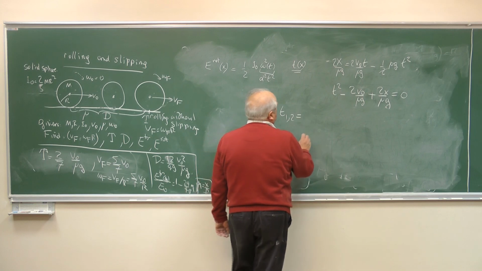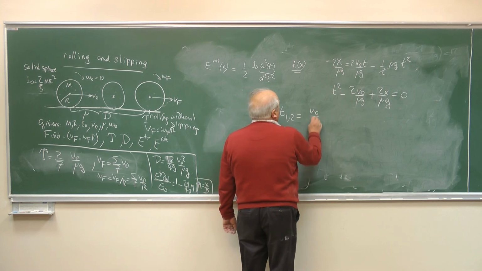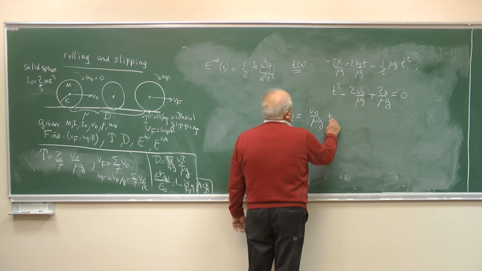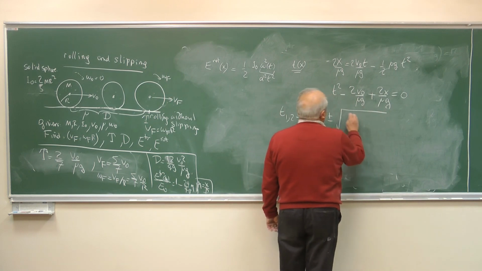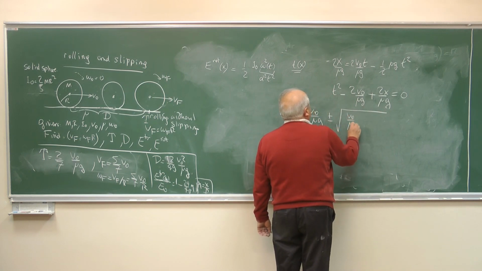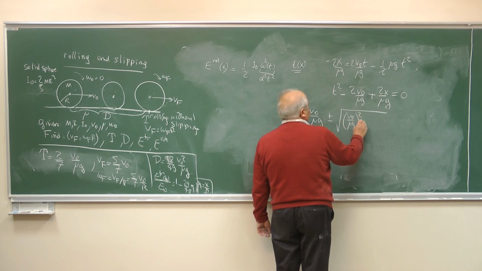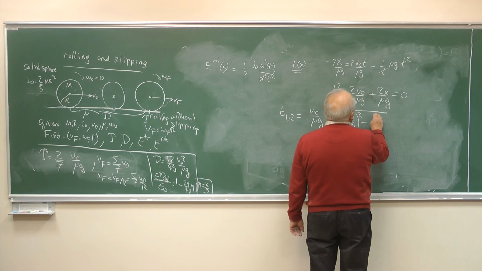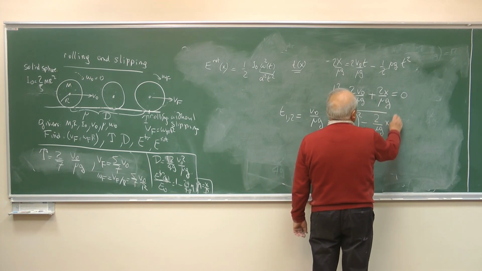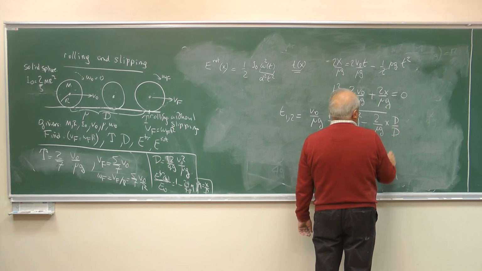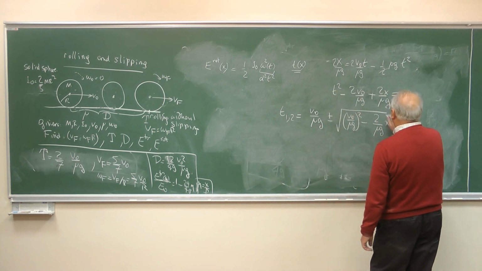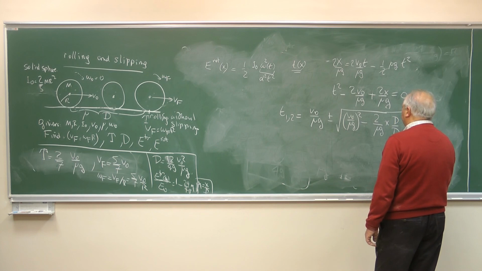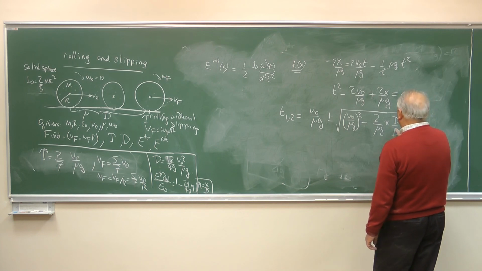t1,2 is equal to v0 over mu g plus or minus the root of v0 over mu g squared minus 2 over mu g x. I multiply by d, divide by d. x over d is eta, and I insert d.